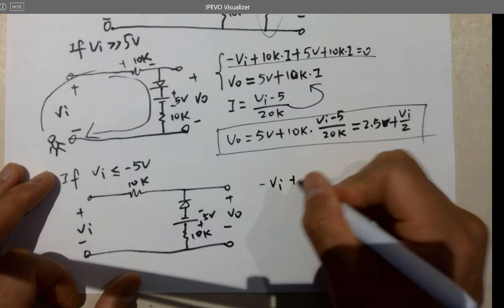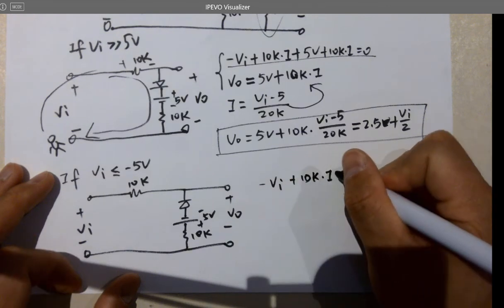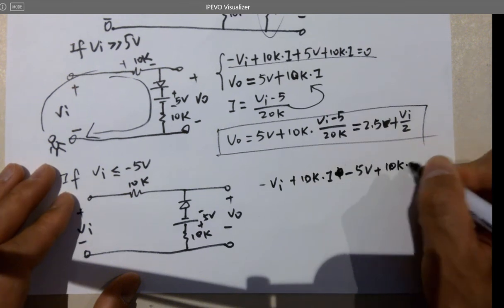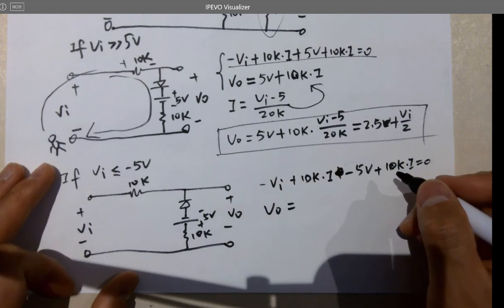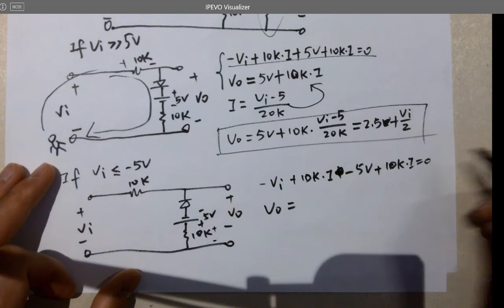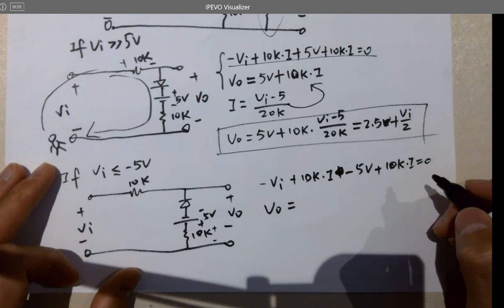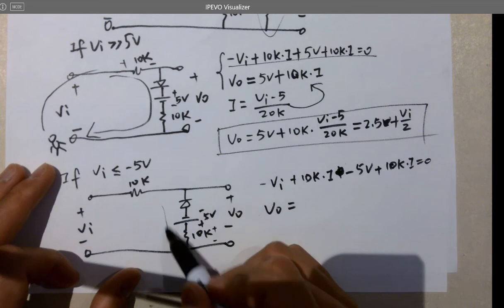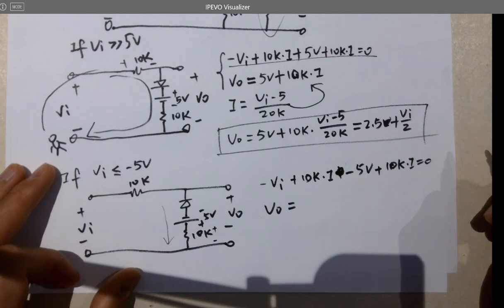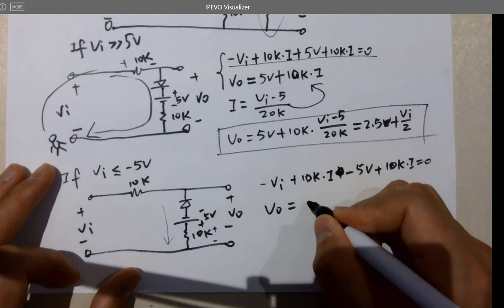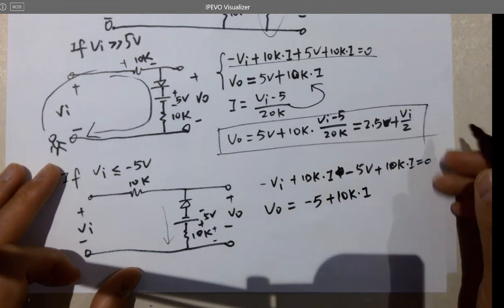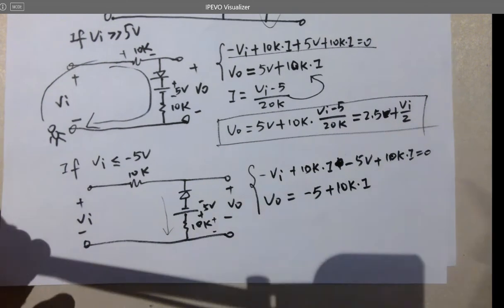so negative VI plus 10K times I. Let's assume the current flows in that direction. It'll be minus 5 volts and plus 10K. VO equals, so VO equals negative 5 volts plus 10K times I. I know current is not flowing in that direction, but I can assume that current flows in that direction, right?